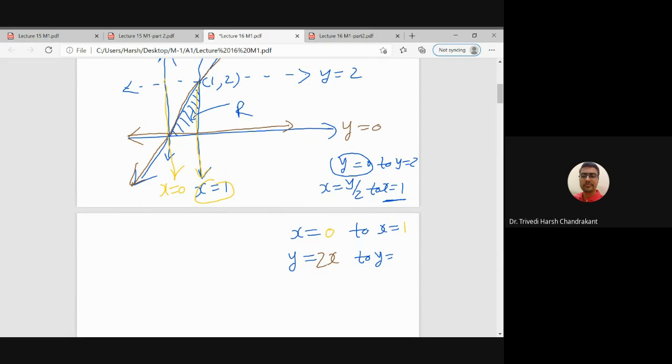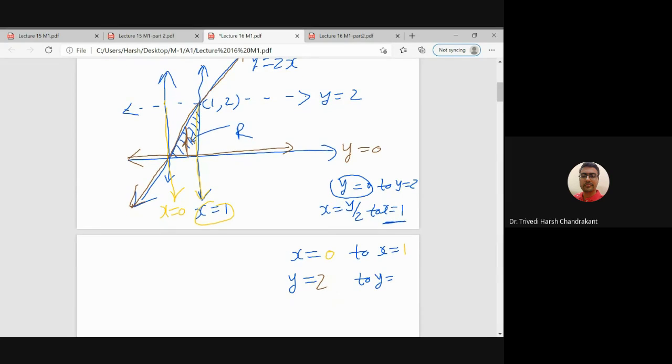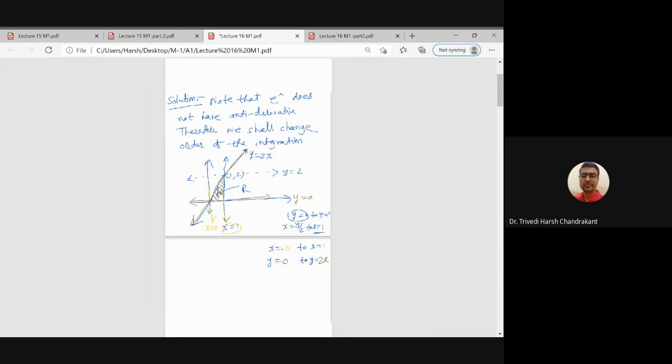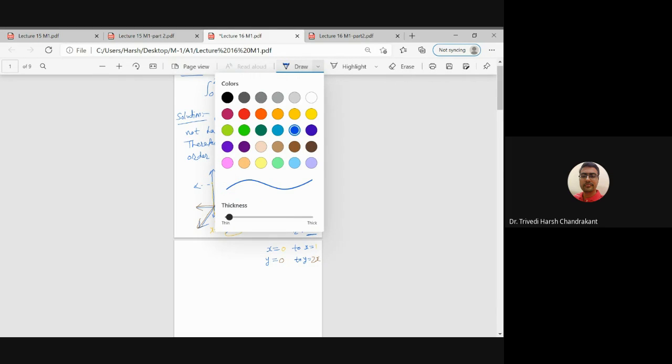So since we are in this direction, the lower line will come first, y equals 0 to y equals 2x, right? So what we have done is, based on the given limits of the integral, we identified the region, and then we converted the region into the other variable's constant limits and the other variable's function.